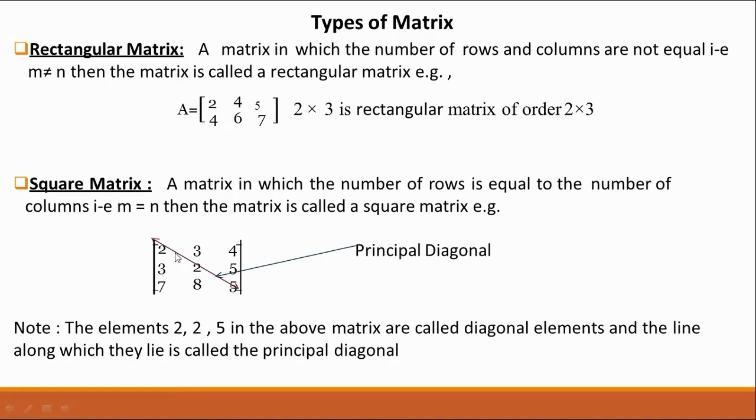In this matrix there are 3 rows: first row, second row, and third row. First column, second column, and third column. So this is a square matrix because the number of rows and the number of columns are equal.